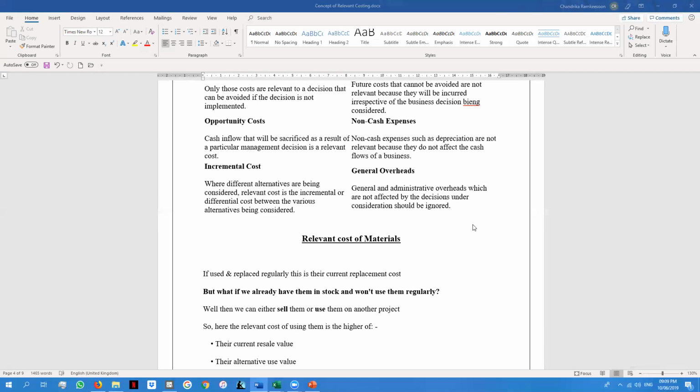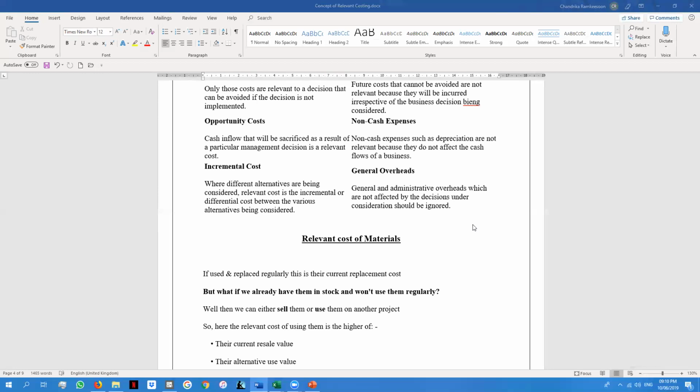See, determining the relevant cost of materials is a bit tricky because material being what it is, there are variations. And you need to know how to evaluate those variations. It's one of the areas in relevant costing which really could take a lot out of a student unless the student knows the rules of relevance that apply to materials.